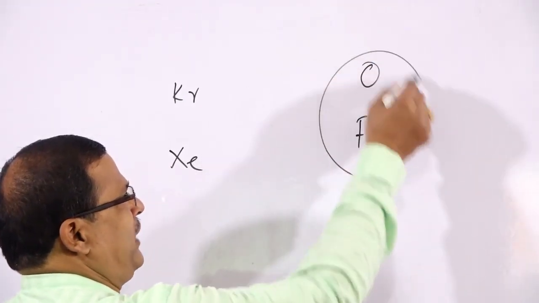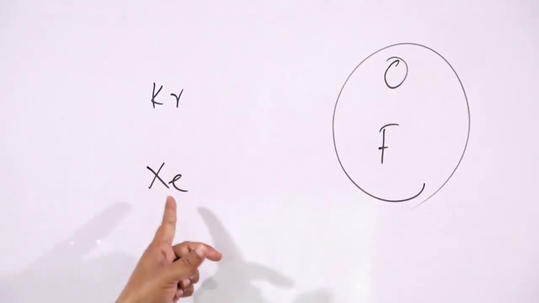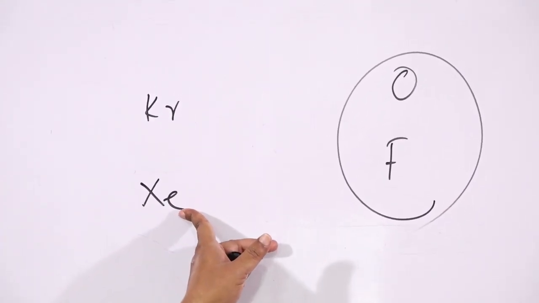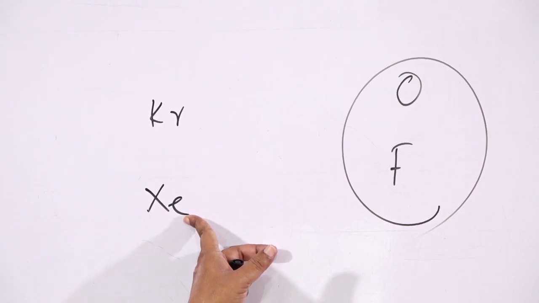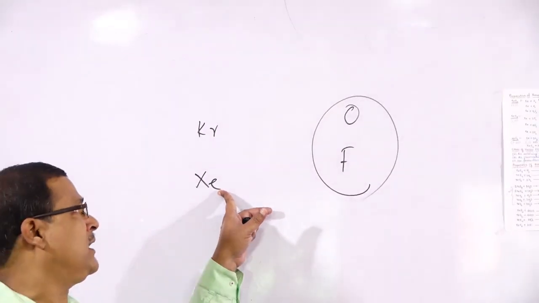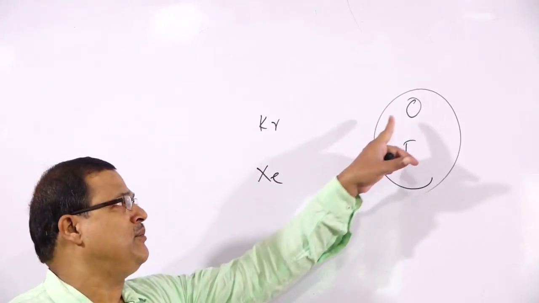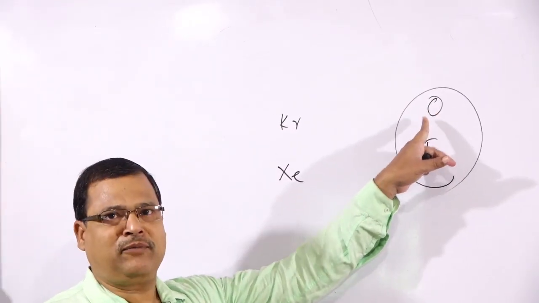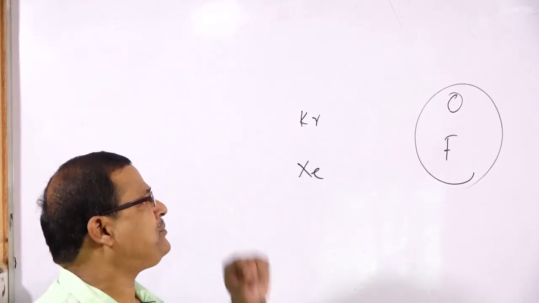These are more electronegative and small in size, and xenon has a low value of ionization potential and there is the presence of vacant d orbitals. Because of that, xenon has the ability to form compounds with oxygen and fluorine to a greater extent as compared to krypton.